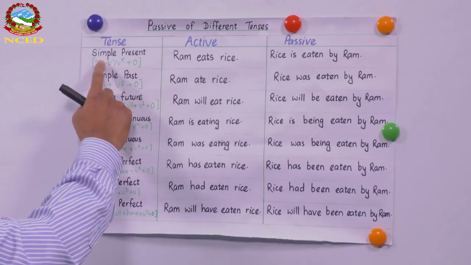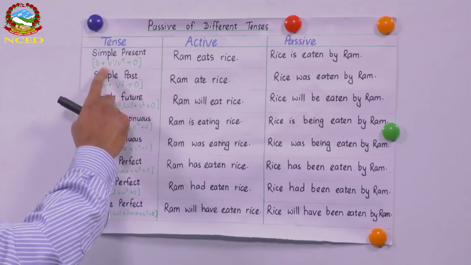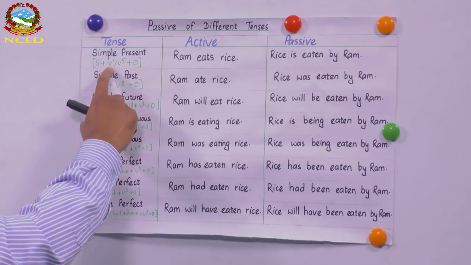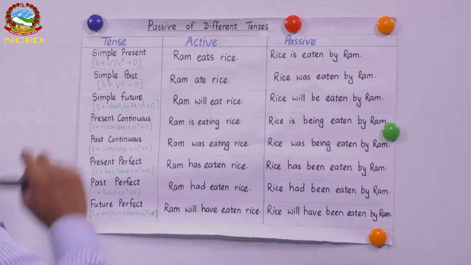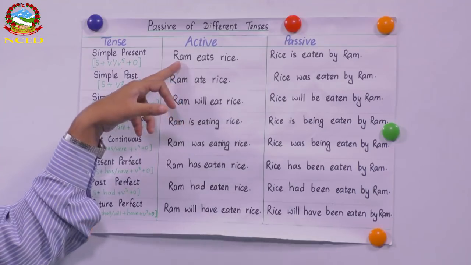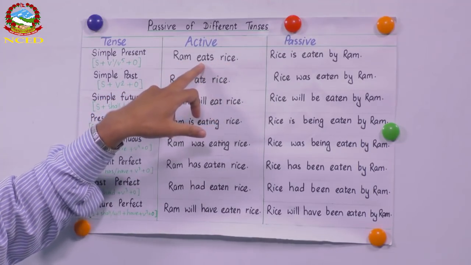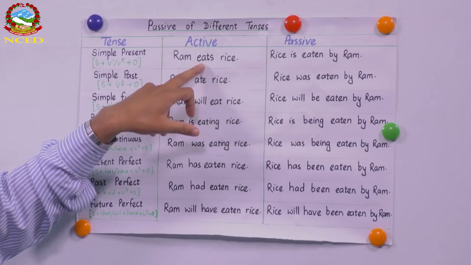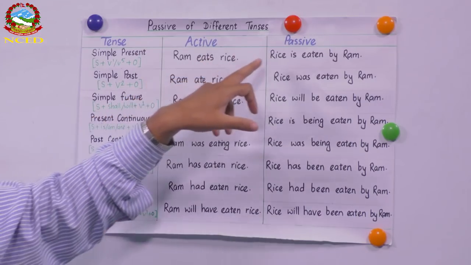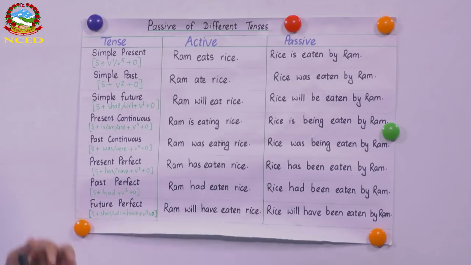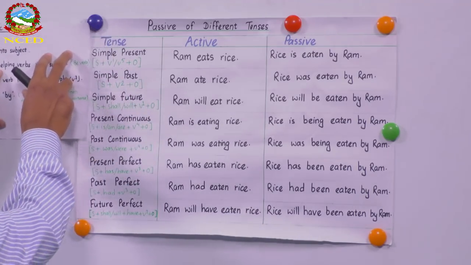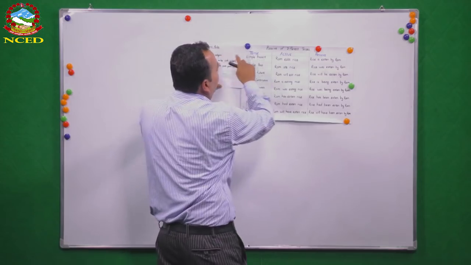And let's check simple present. The structure is there: subject plus present, meaning verb 1 or verb 5, plus object. In an active voice sentence, one example: Ram eats rice. Eats is a singular verb, this means verb 5. The same process I showed you works here. Find the SVO.